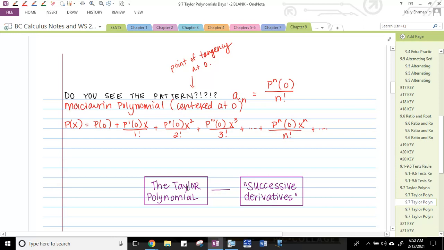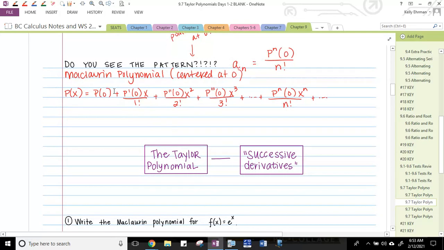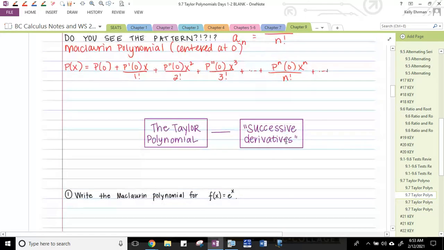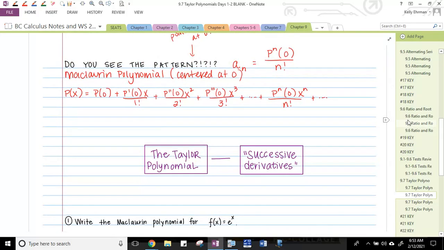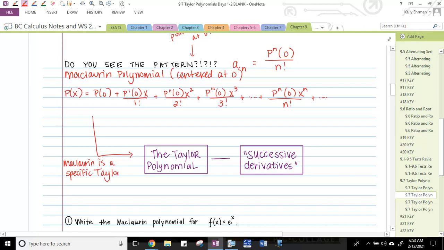And you can keep generating terms infinitely, which is how this relates to our infinite series, by the way. We're going to talk about what happens when we add up an infinite number of terms. Now, the Maclaurin polynomial is just a specific case of a Taylor polynomial. So Maclaurin is a specific Taylor polynomial centered at x equals 0.